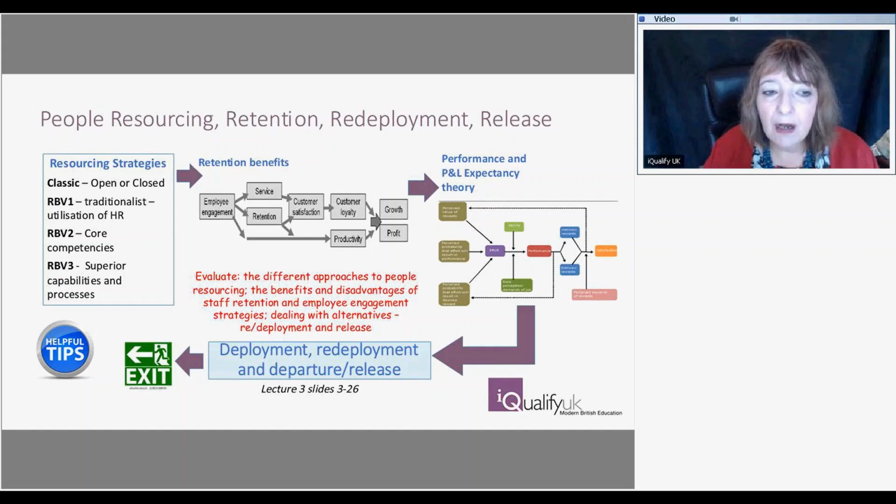And RBV3 is about the doing rather than the knowledge, in that superior capabilities and processes are what determines its success, rather than the key abilities of the individuals that make up the organisation. So an example of a superior capability and processes was Dell.